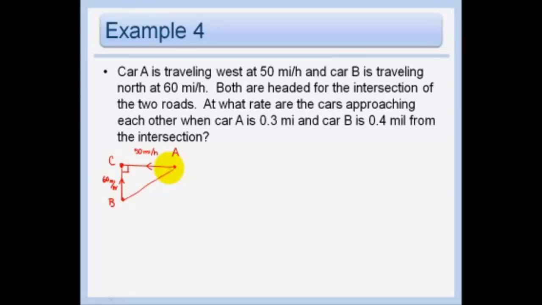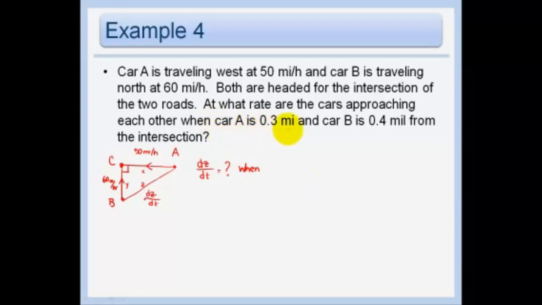At what rate are the cars approaching each other? So what are we trying to find here? Let's call this x, let's call this y, and let's call this z. We're trying to find the rate at which the two cars are approaching each other, so dz/dt equals what?